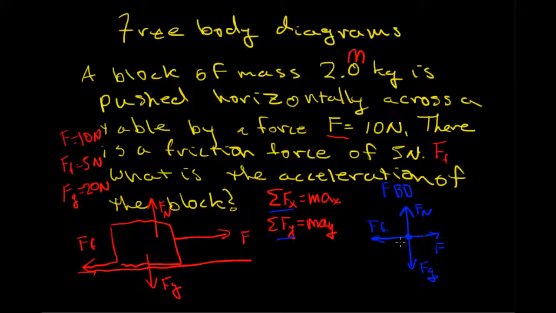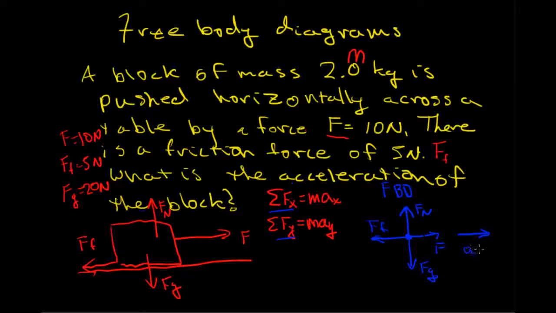Now we could just plug into these equations, except we really haven't identified a coordinate system, so we don't know which is the x direction and which is the y direction. For more difficult problems, this can be really complicated. The way we identify our coordinate system is we first identify the direction of the acceleration. In this problem, we don't really know if there's an acceleration, but if there is one, it'll probably be along the horizontal direction.